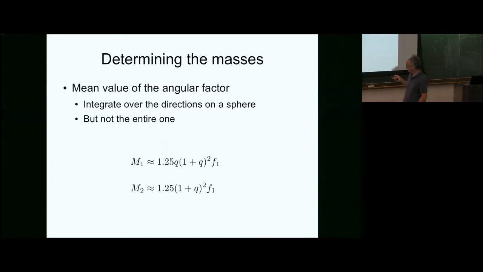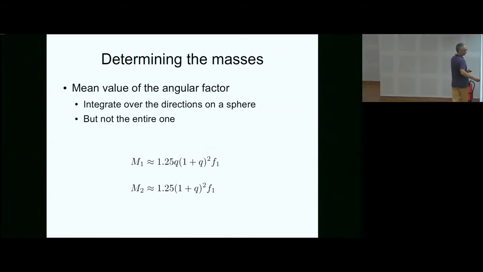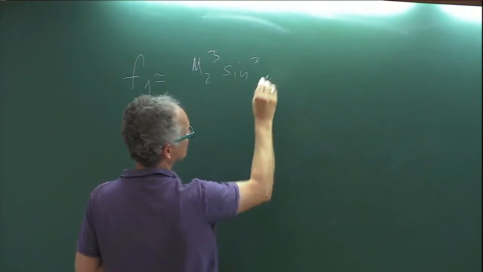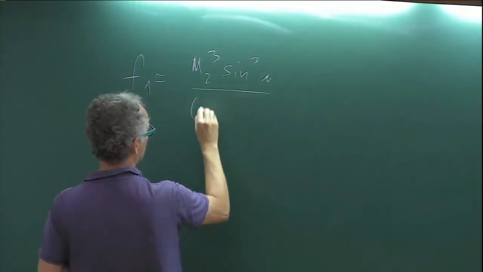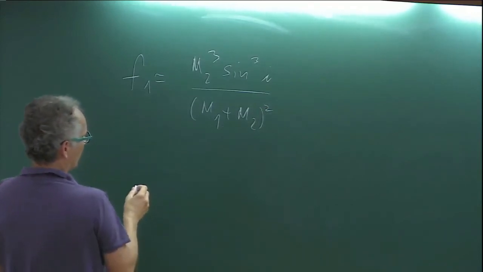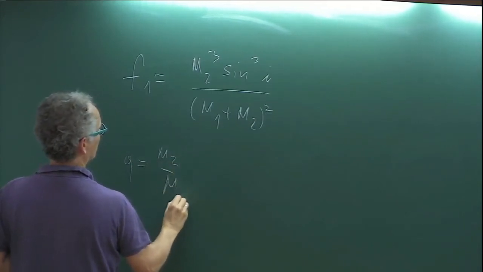So in order to average it, we have to do the following. Okay, if F1, how does it go? Q is equal to M2 over M1.